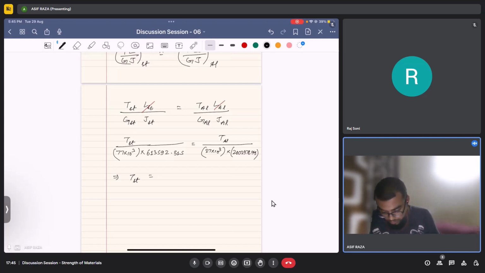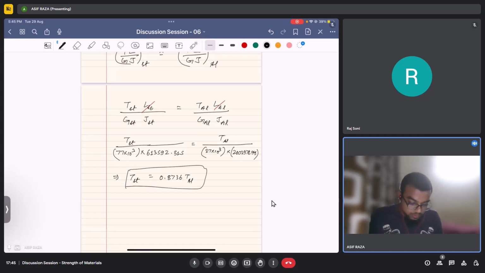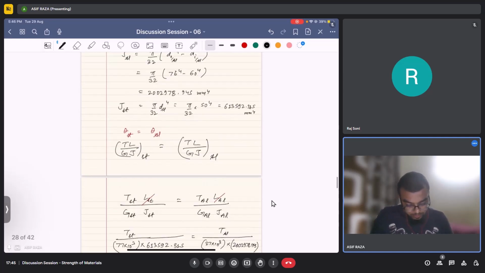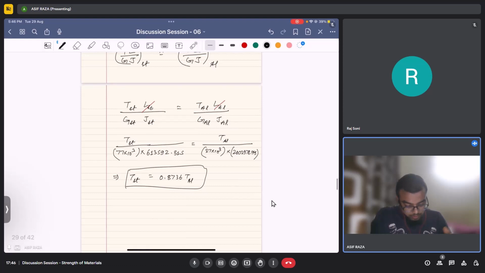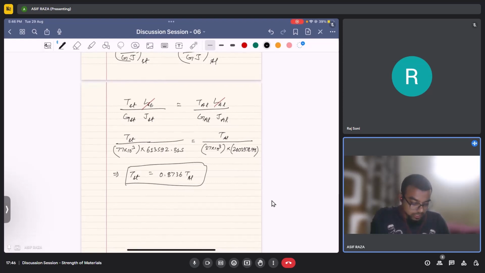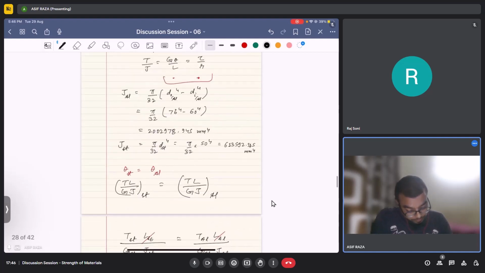So this is equal to 0.8736 T aluminium. So when the torque T is applied in the system, the torque taken by the steel system would be 0.8736 times the torque applied in the aluminium system.